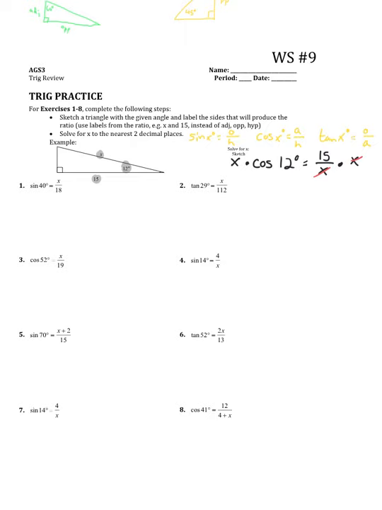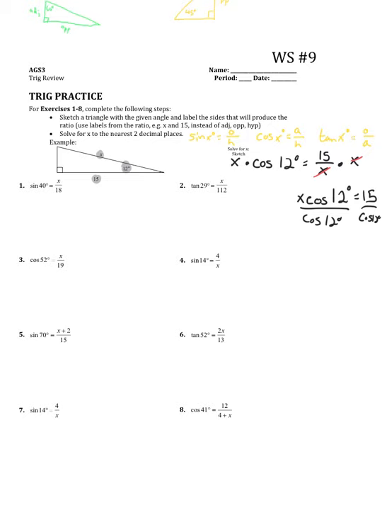This is just like what we did in mod 4 with those rational functions, right? Trying to get x's out of denominators. So now I have x times cosine of 12 degrees equals 15. And then I have to undo this multiplication by x times cosine, so I'm going to divide both sides by cosine of 12 degrees.